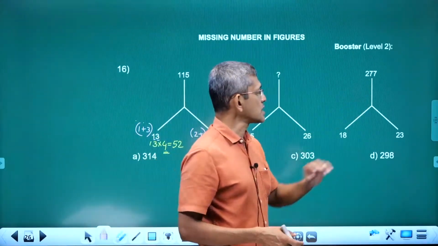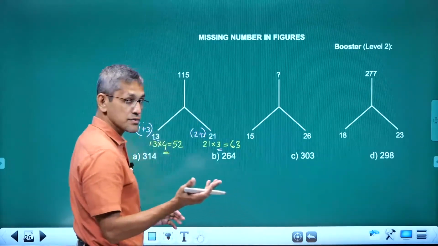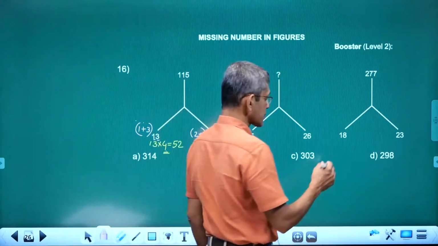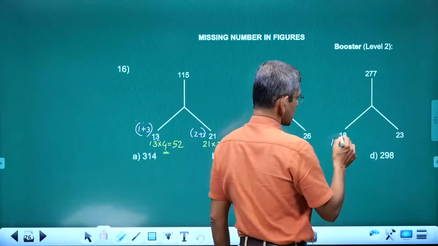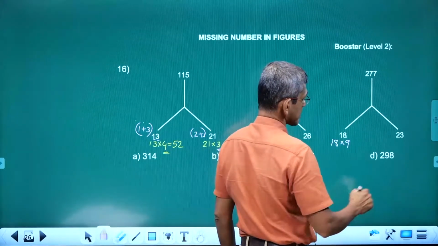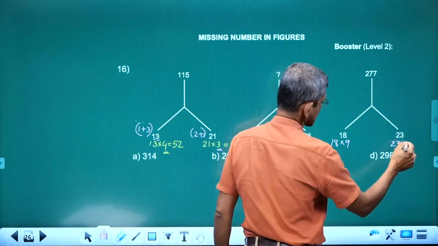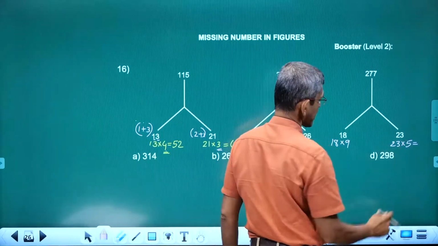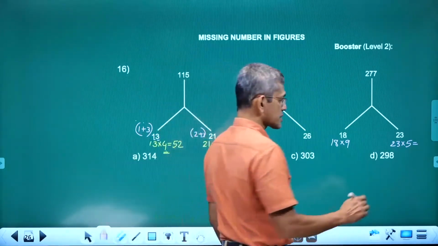If you apply the same pattern to the last number, 18, 23 and 277, is it really applicable here? We need to quickly check it as well. So 18 must be multiplied by 1 plus 8, 9. And 23 must be multiplied by 2 plus 3, which is 5. So 23 into 5. 20 into 5 is 100. 3 into 5 is 15. So it's 115.